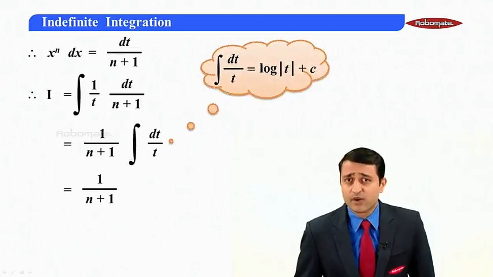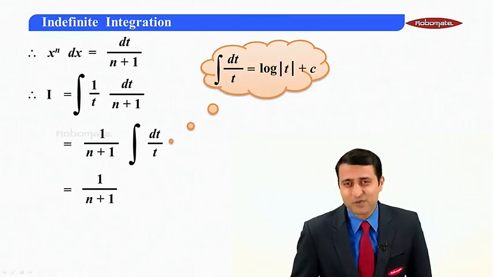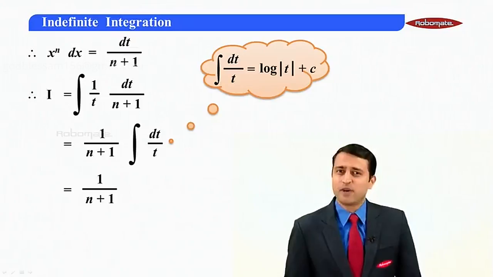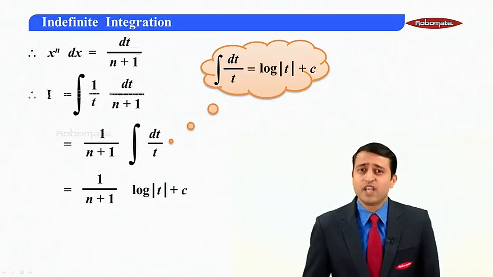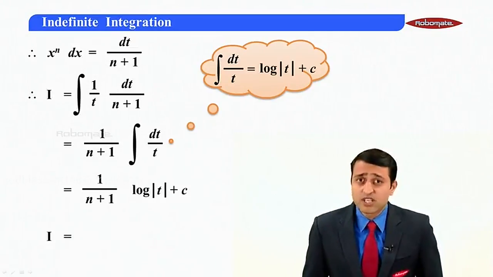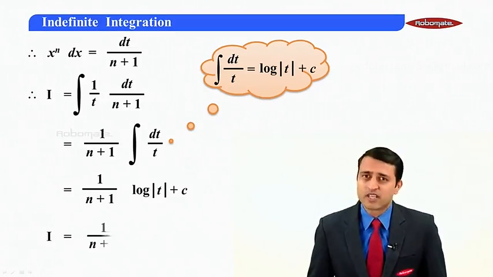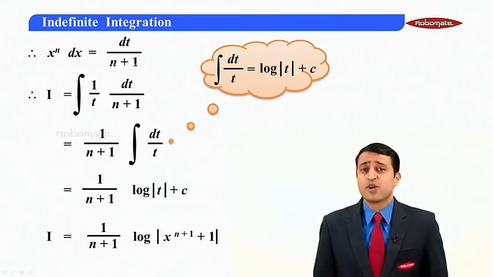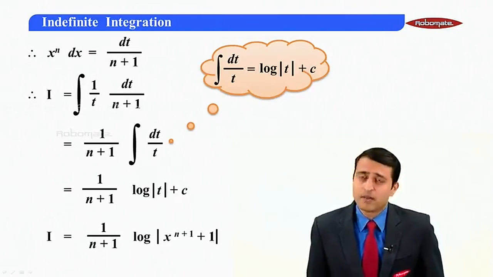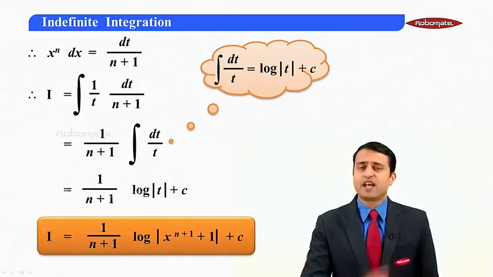And students, we very well know integral 1 by t is log mod of t. So here we get 1 upon n plus 1 log mod of t plus c. Now we need to just resubstitute the value of t. Integration is over. So let us resubstitute: 1 upon n plus 1 log mod of x raised to n plus 1 plus c. And that's our final answer.